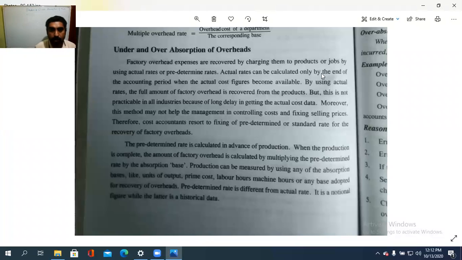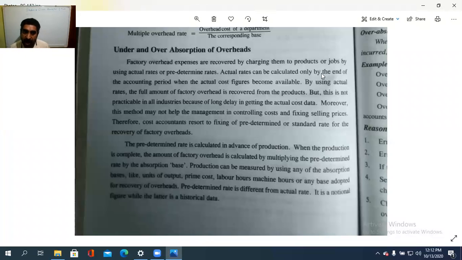Actual rates can be calculated only by the end of the accounting period when the actual cost figures become available. By using such actual rates, the full amount of factory overhead is recovered from the product. But this is not practicable in all industries because of long delay in getting the actual cost data. Therefore, what is that?